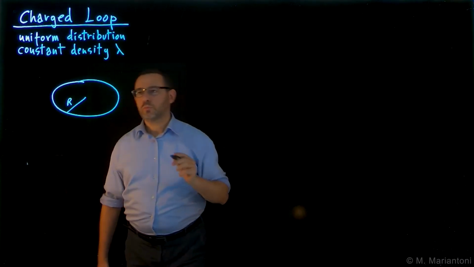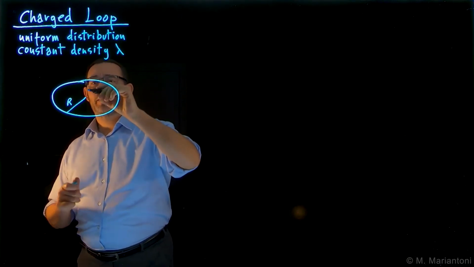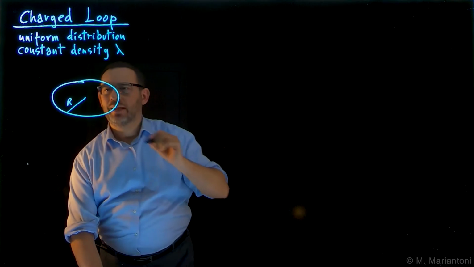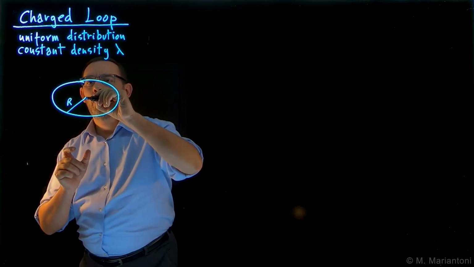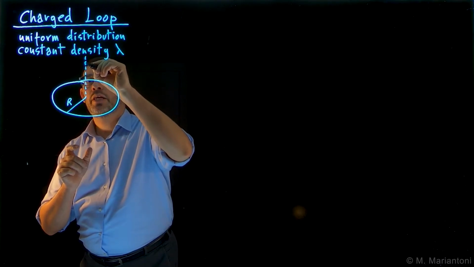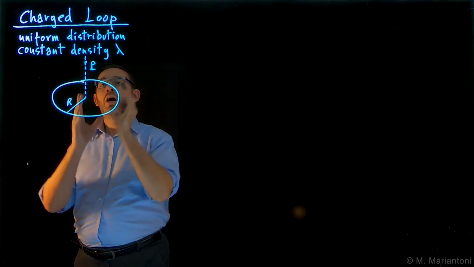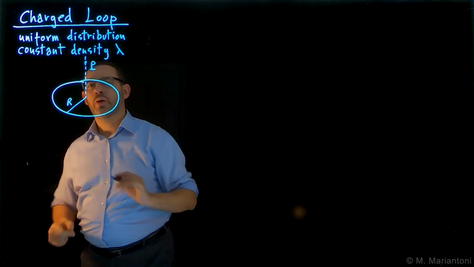Okay. So we want to find, as in the problem of the hexagon, the electrostatic field on the central axis, so somewhere here, at a point capital P, on the central axis of this circle.